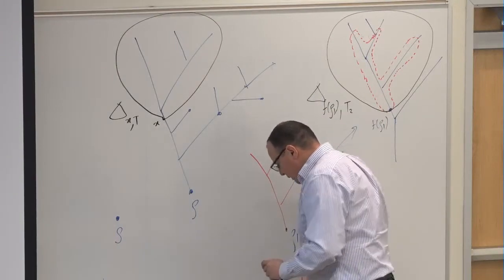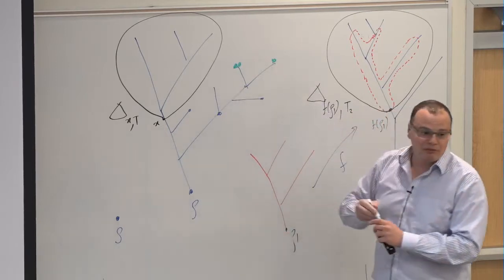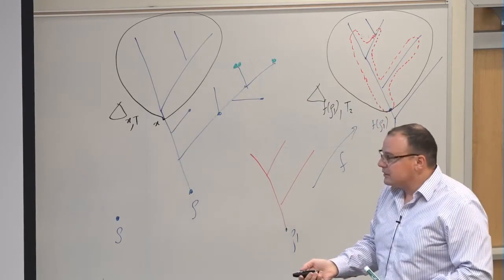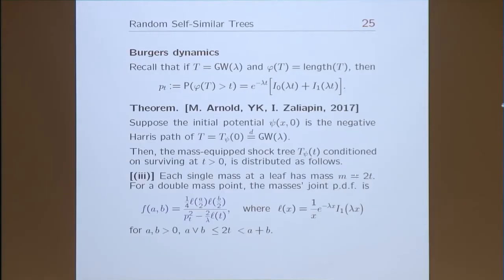Okay, the complementary probability. That's what I have. So some will have double, some have single. What else? Each single mass at a leaf is a mass m equal to 2t. No, I mean, if it's single mass, then it's always twice the time. If it's double mass, I need 1 more minute.